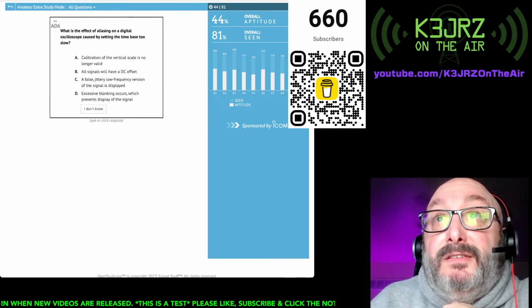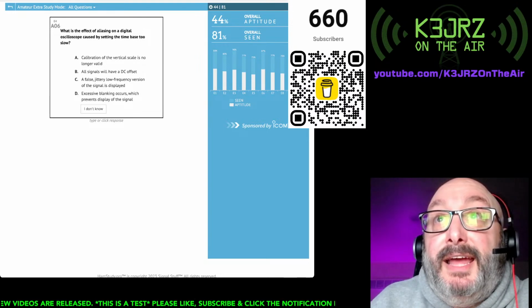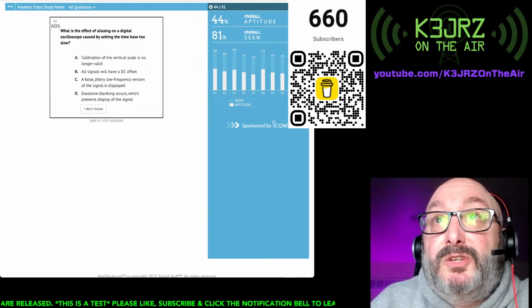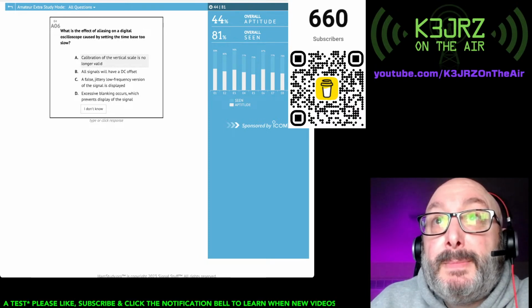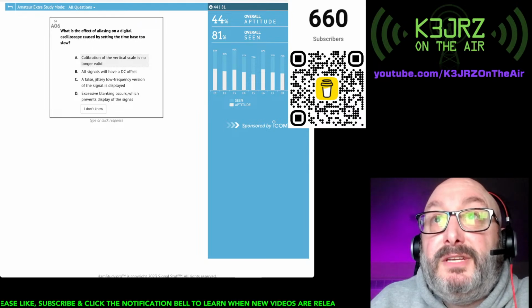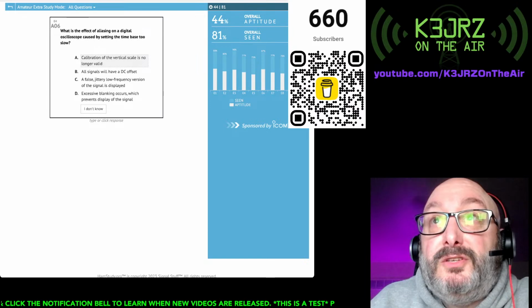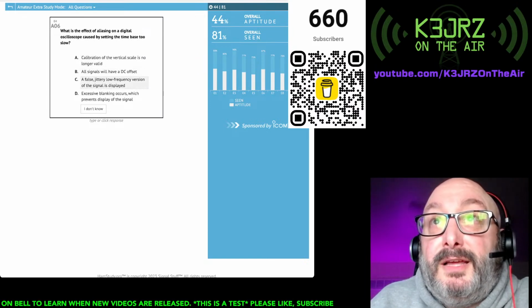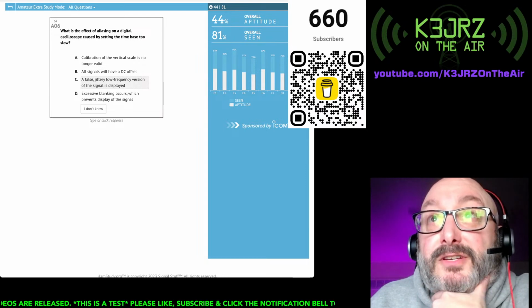What is the effect of analyzing aliasing on a digital oscilloscope caused by setting the time base too slow? This is a new question. I haven't seen it before. Calibration of the vertical scale is no longer valid. All signals will have a DC offset. A false jittery low frequency version of the signal's display.